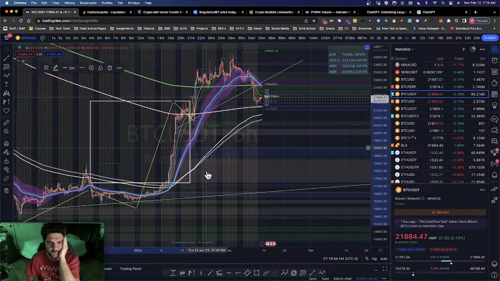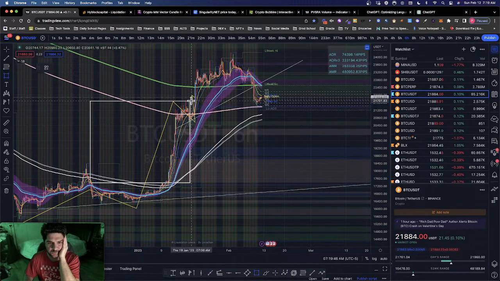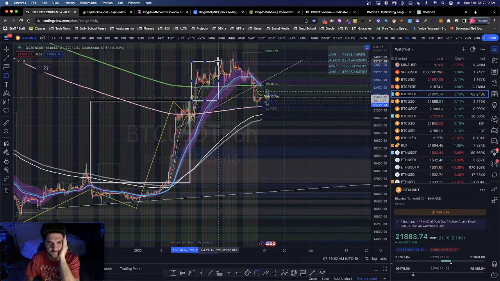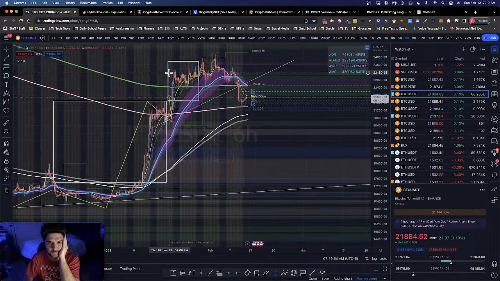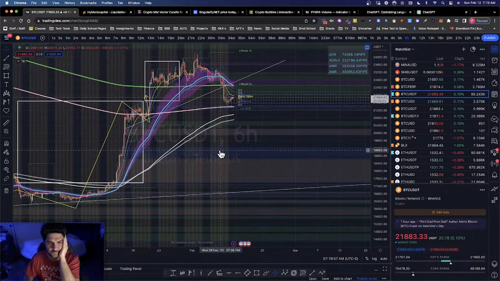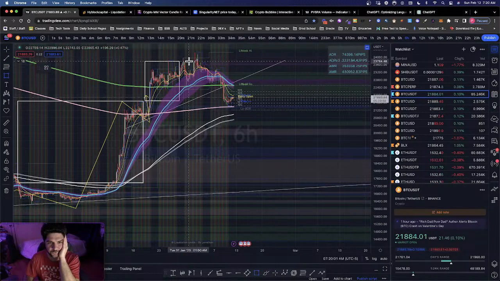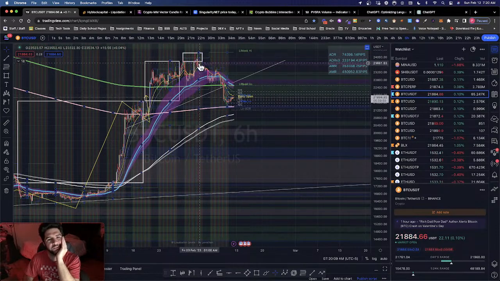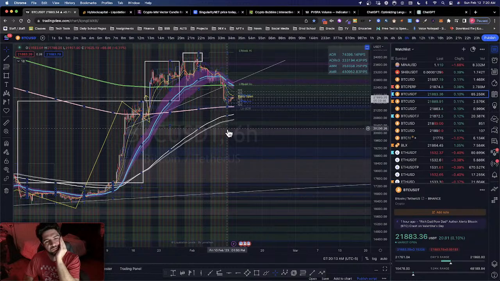Now here you go. Let's do level 2. To me, this is level 2. And then this is level 3. And then this is level 1 drop. Really, that's what this is.